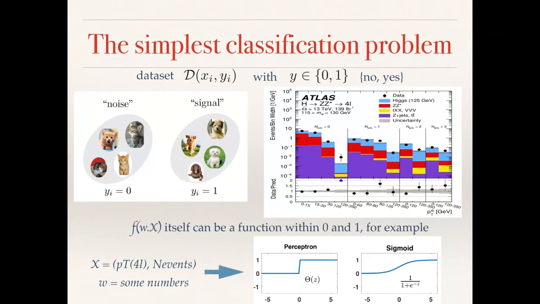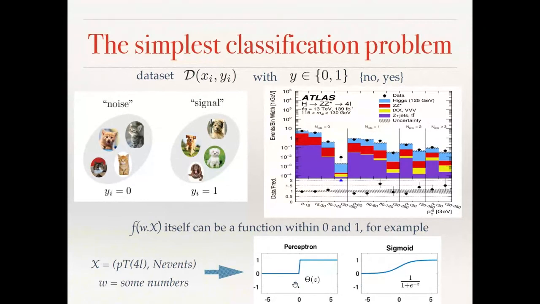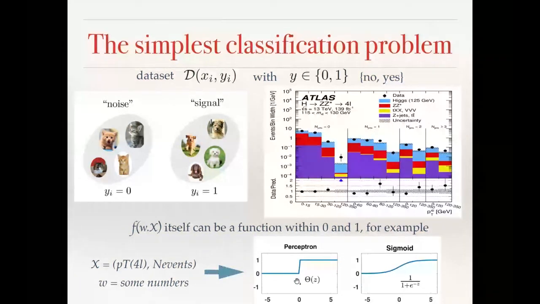You are going to give some probability for it being the case. So for you as a particle physicist, it makes more sense to use a transformation that goes smoothly from 0 to 1, and does not make a jump like this one, because you're not going to be completely sure.